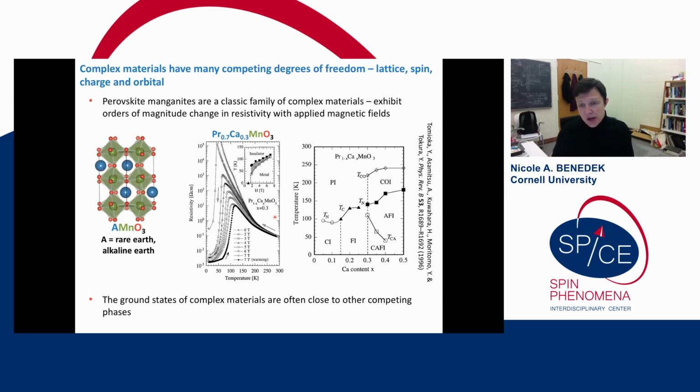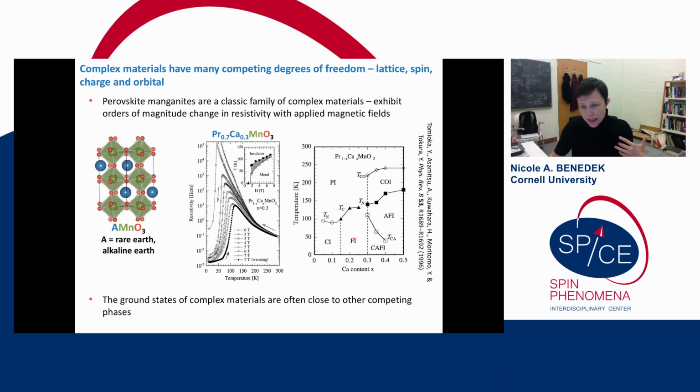Complex materials often have ground states that are close to multiple phase boundaries. So when the calcium content here is 0.3, then depending on the temperature, the material is close to a charge-ordered insulating phase, a paramagnetic insulating phase, an antiferromagnetic insulating phase, a ferromagnetic insulating phase, and so on.